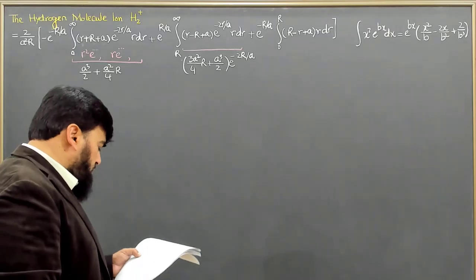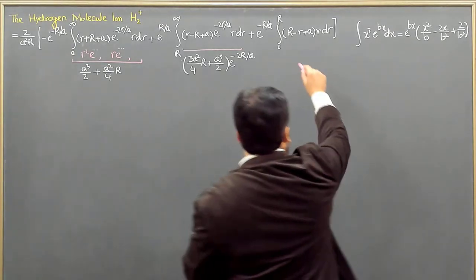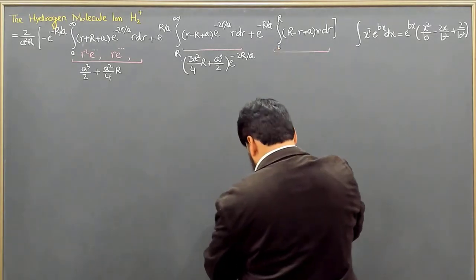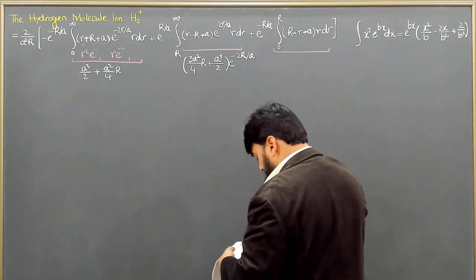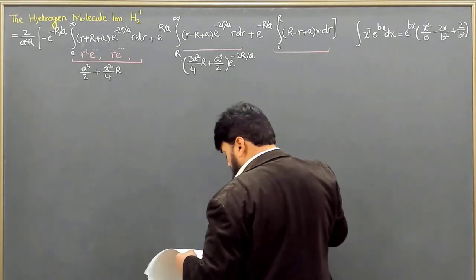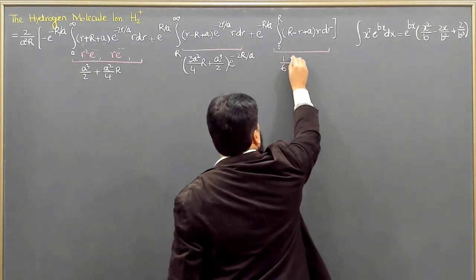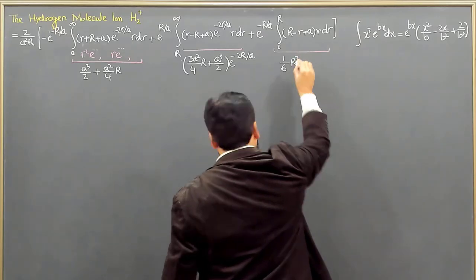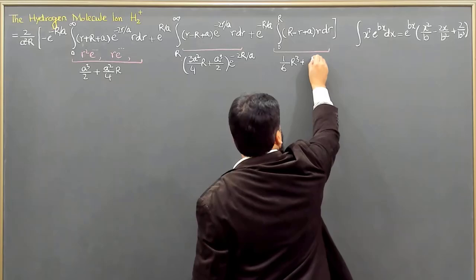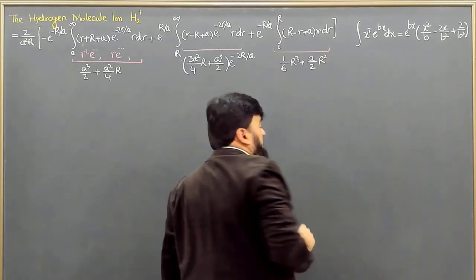This is the solution of the second integral, while the third integral, this one, is having the solution after solving step by step, 1 over 6r cubed plus a over 2r squared.